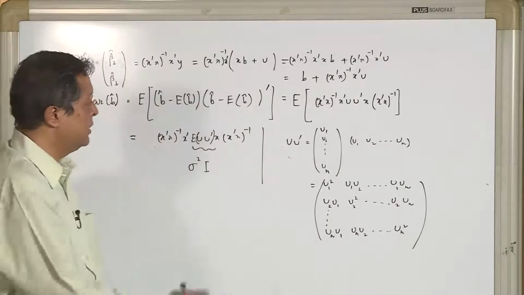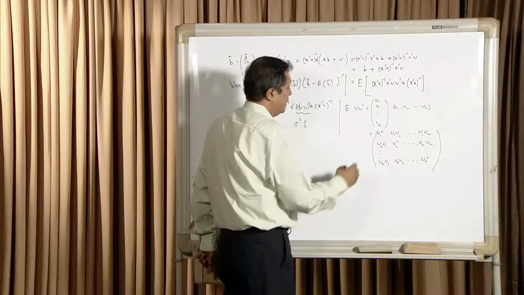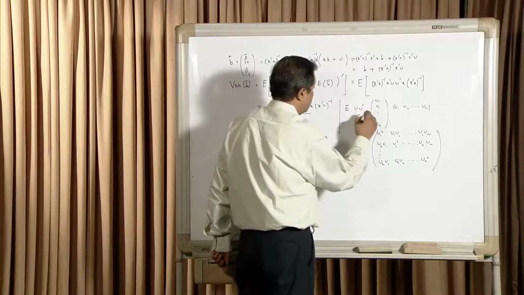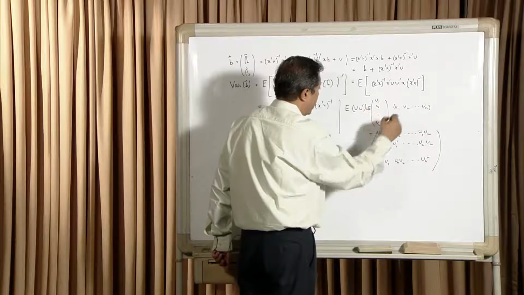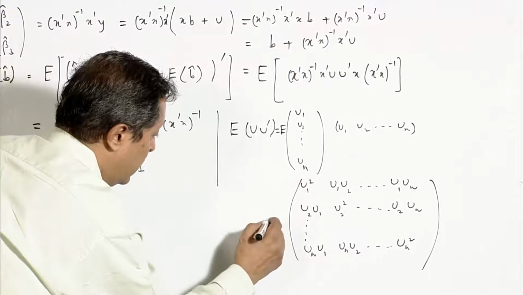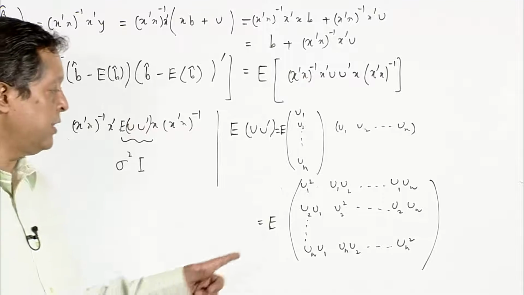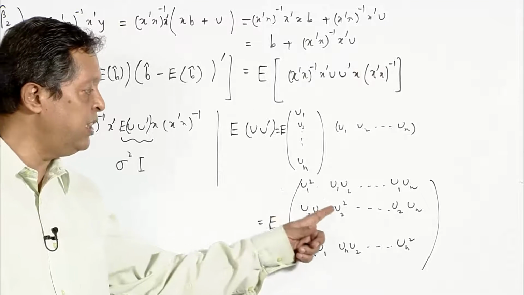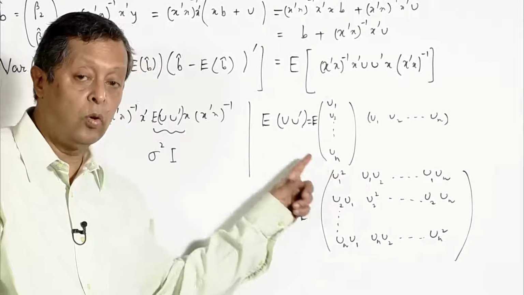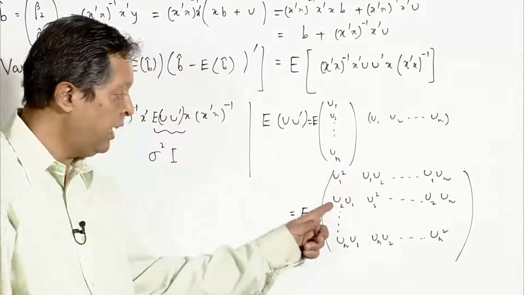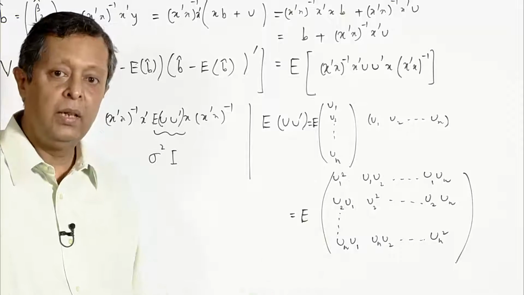Dear viewers, now just put the expectation operator in front. So, we will have the expectation of u u prime equal to the expectation of this matrix, and recall the classical assumptions. Expectation of each ui square is equal to sigma square, homoscedasticity, and covariance between ui and uj, i not equal to j, is 0.